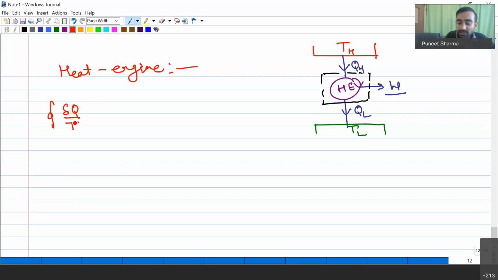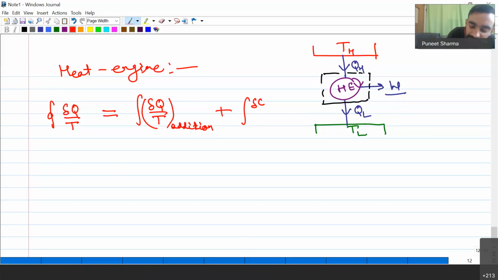So the cyclic integral of del Q by T will be the integral of del Q by T during the heat addition process, plus the integral of del Q by T during the heat rejection process. In this heat engine, we are getting QH amount of heat from the thermal reservoir at temperature TH.